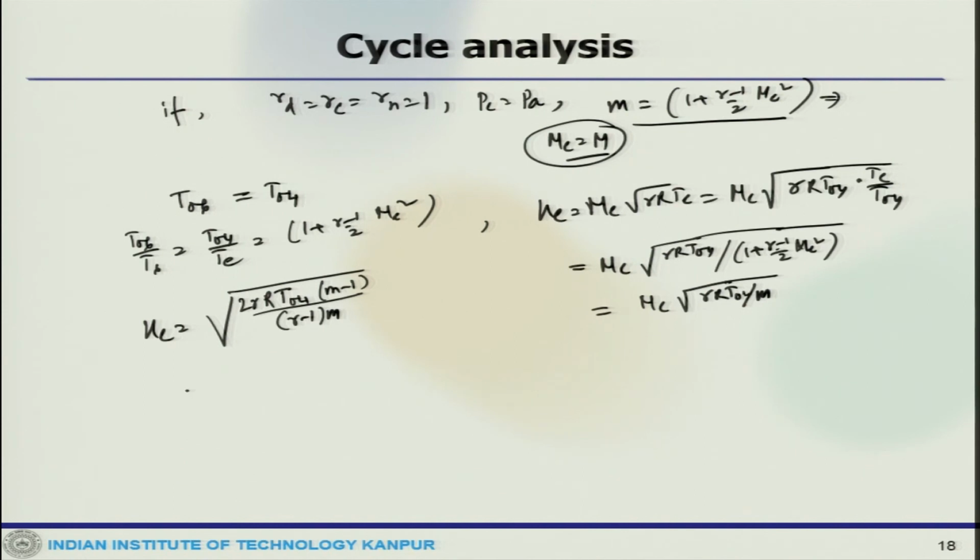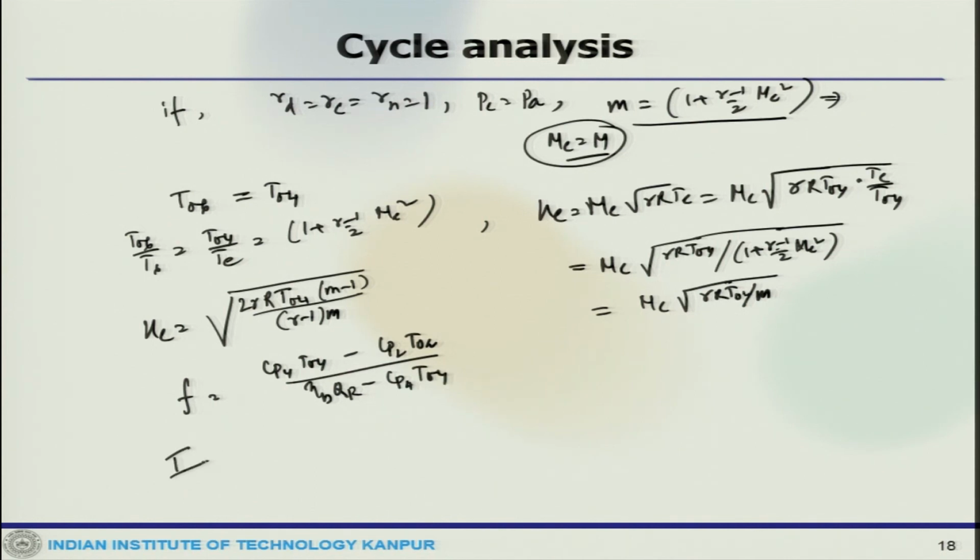So, we can find the fuel air ratio for the real cycle: Cp 4 T naught 4 minus Cp 2 T naught A, by eta B Q r minus Cp 4 T naught 4.